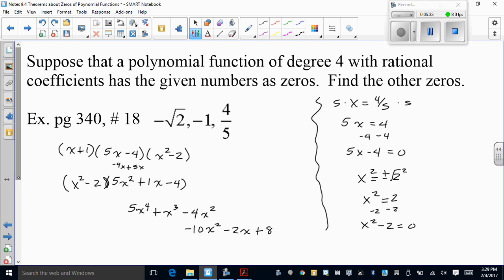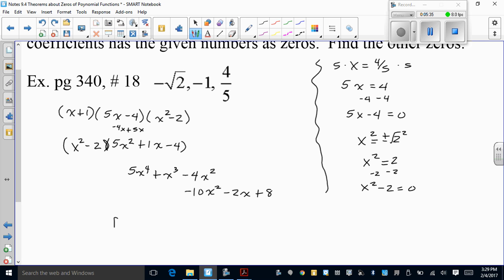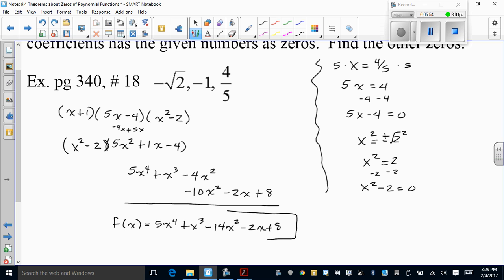So this polynomial is f of x equals 5x to the fourth plus x cubed minus 14x squared minus 2x plus 8. The hardest part on these, because the multiplying is just done over and over again, should be getting the right factors together.